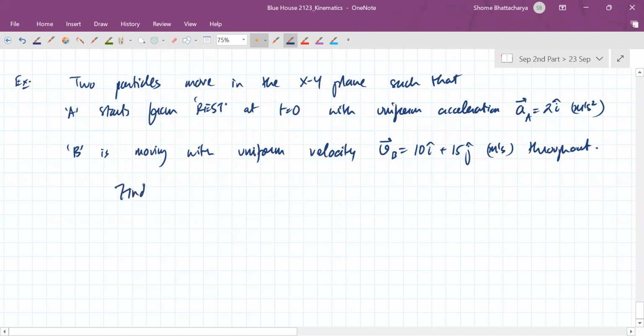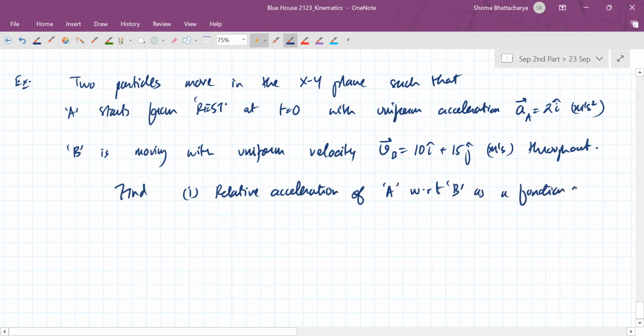So find the relative acceleration of A with respect to B as a function of time. Then the relative velocity of A with respect to B, again as a function of time.